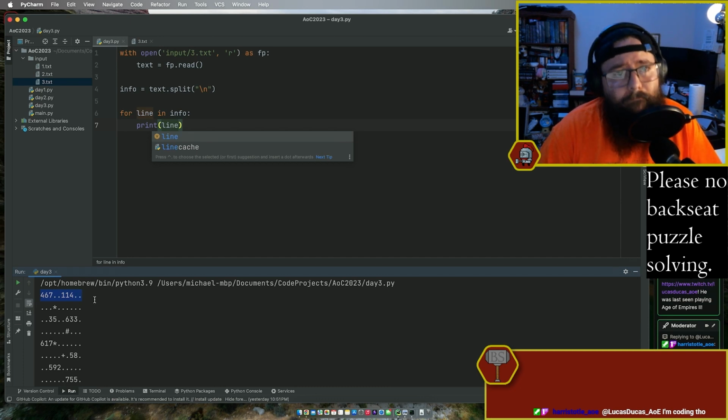This 7 attached to this 4 is a single number, but only the 7 is the one that's touching the hash. The 4 and the 6 are not. I need to be able to tell the 4 and the 6, hey, you're attached to a number that is touching a symbol.